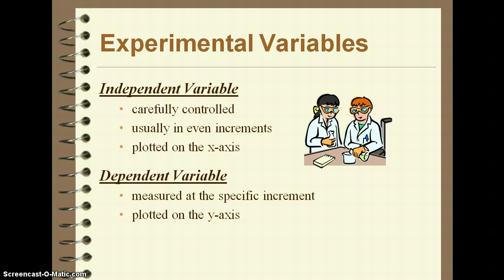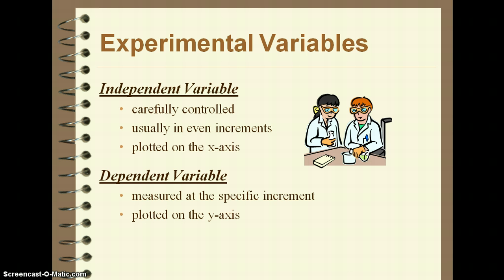So we might have time, for example, if that's independent, we'll take a stopwatch measurement every 1 second. So we might plot down every 1 second how fast or how far somebody has traveled. So our data would go 1, 2, 3, 4, 5. And that looks pretty nice.